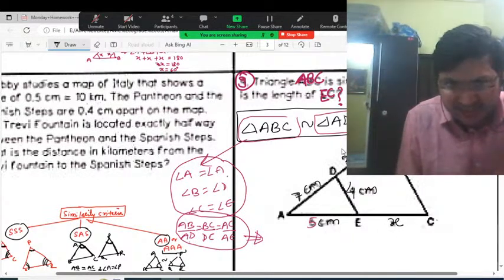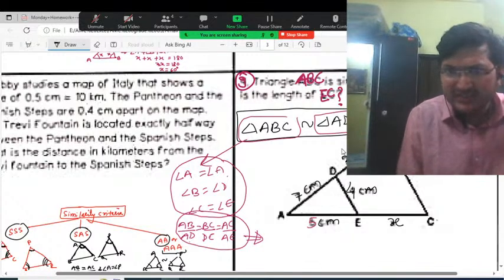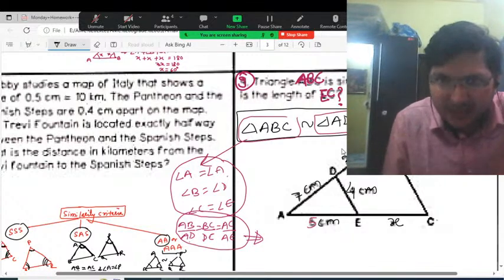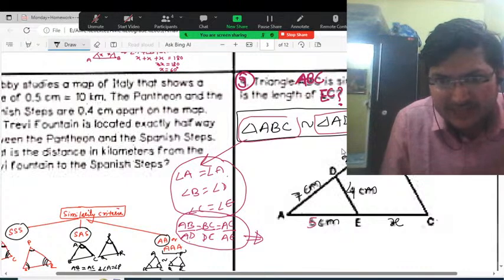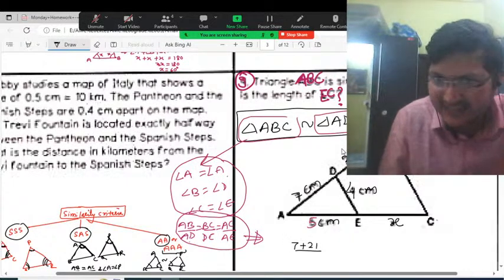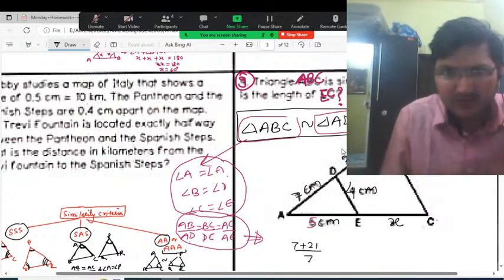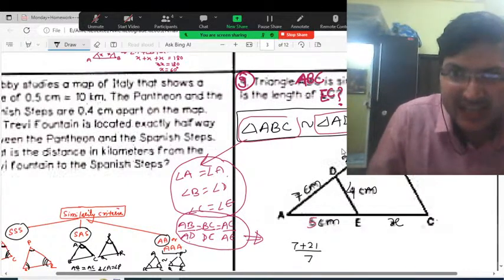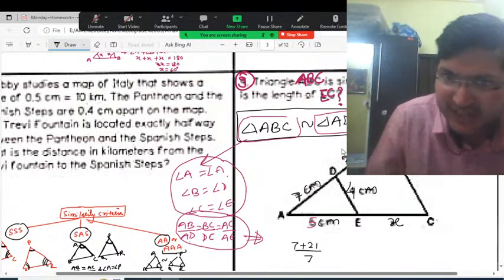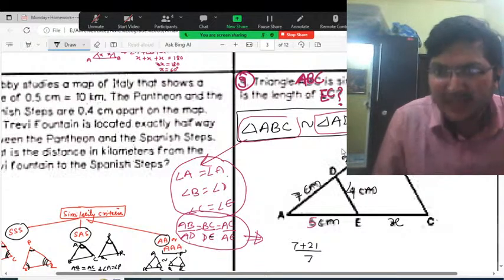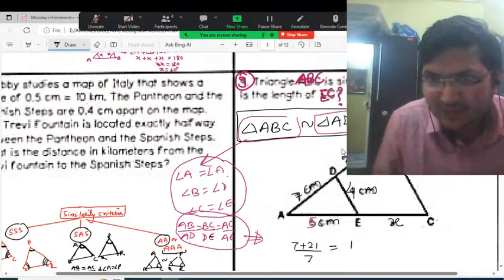Now you use the concept here. Your AB means 7 plus 21 over AD. AD is 7 over here. Okay, because ABC, I used AB over AD, then BC over DE. BC is 16 over DE is 4.